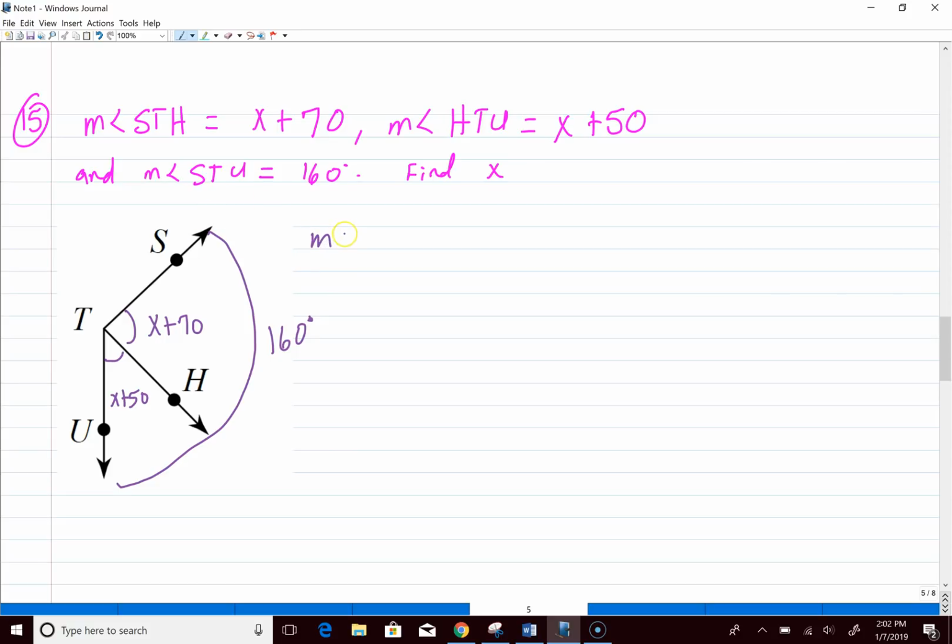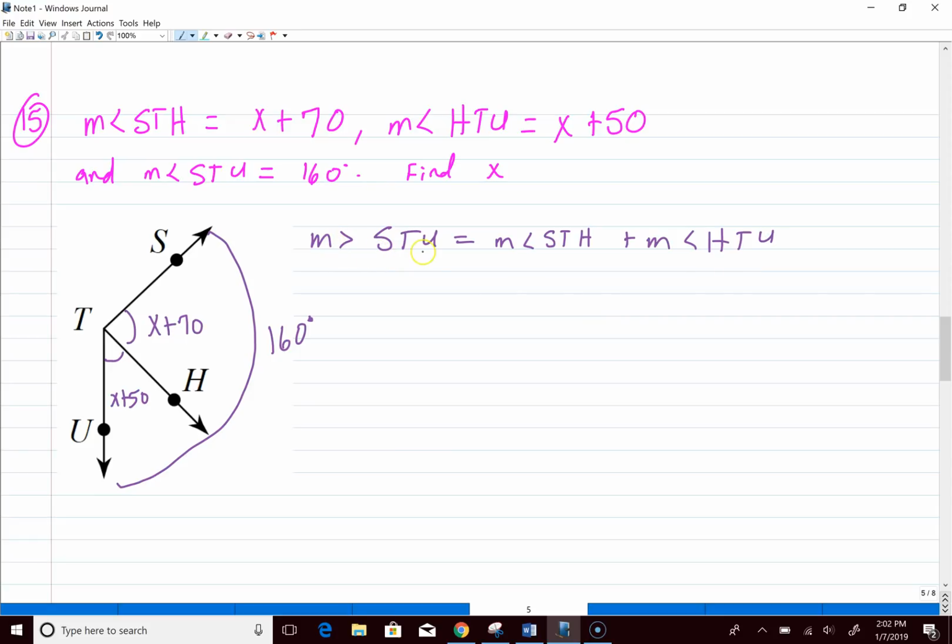The measure of angle STU, the big angle, is equal to the two smaller adjacent angles inside: the measure of angle STH plus the measure of angle HTU.